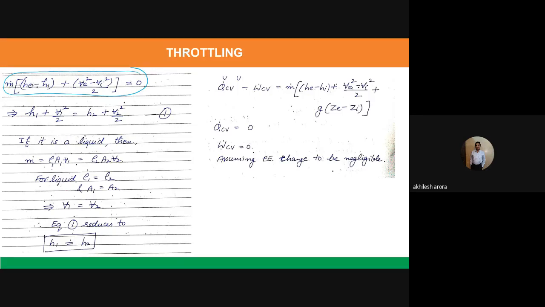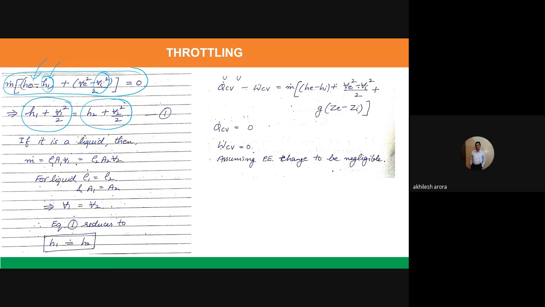Here e and i represent exit and inlet. For inlet we have taken 1, for outlet we have taken 2, so accordingly we can write H1 and V1 square by 2. Both have a negative sign in front of them. So I can write H1 plus V1 square by 2 is equal to H2 plus V2 square by 2. This is the final equation in case of throttling.